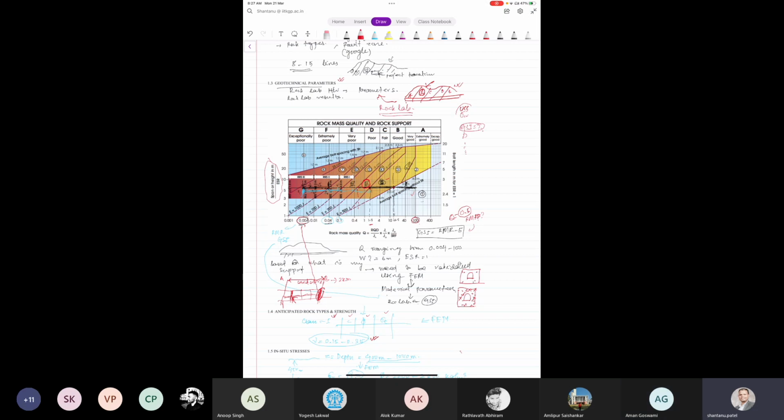So the properties of this and the properties of this are different, right? So class 1 is a very good quality rock with no joints, and class 6 is with so many joints, a crushed kind of rock. So when we put a very low GSI value for this Q value of 0.004, then it will represent that crushed kind of rock. Is this clear? Yes, sir.